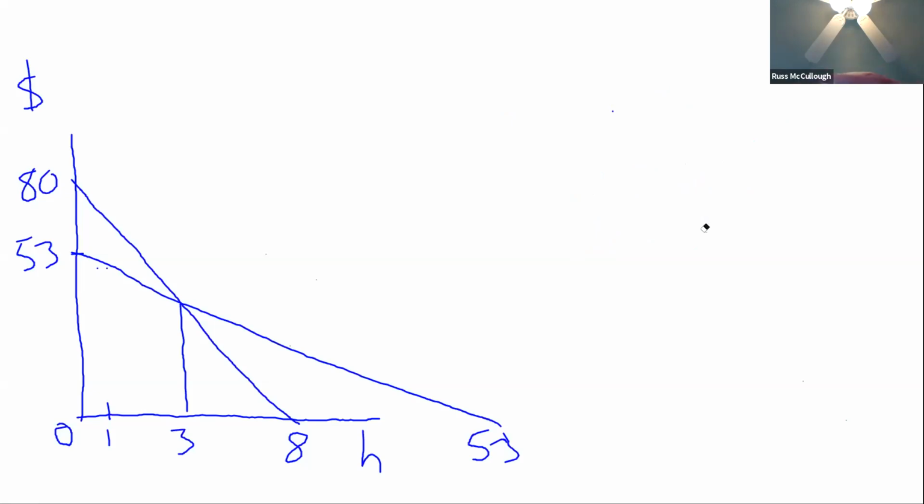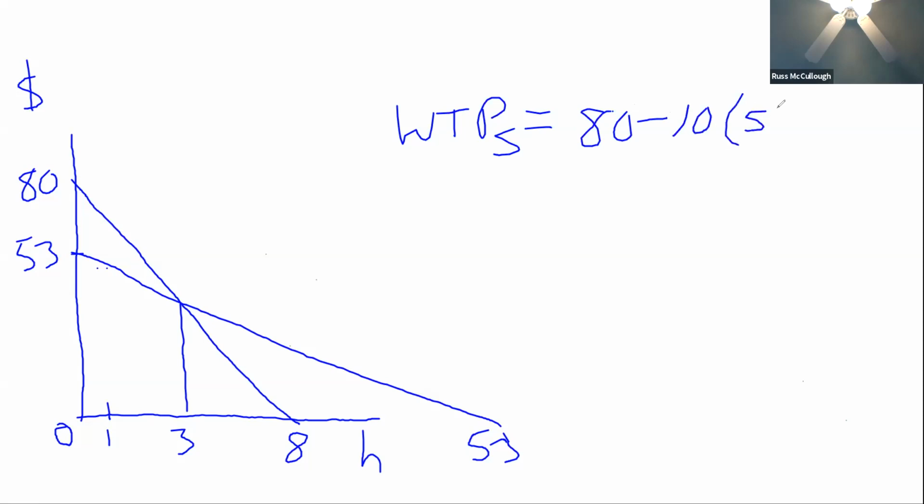So at 53, you're just plugging and chugging now. So the willingness to pay for the stairs is equal to 80 minus 530, so 10h with h being 53. Hopefully this will be a little exercise on how you can be showing your work.